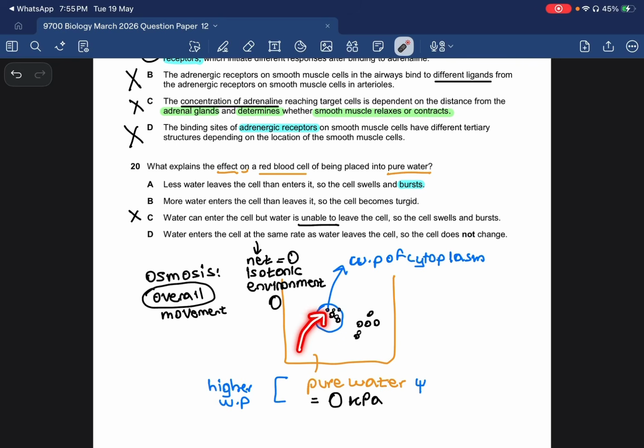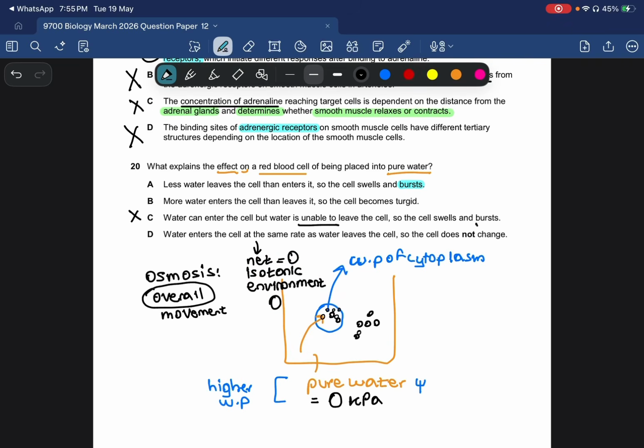Is there any water potential gradient now, if the inside and the outside have the same water potential? No. So is the water still going to move? Some water is going to move in, some is going to move out. But the net movement is going to be zero. So if two water molecules move in, at the same time two water molecules are going to move out. That's an isotonic environment. So of course the cell shape will change. It's not that it will not change. So A is the answer right here.